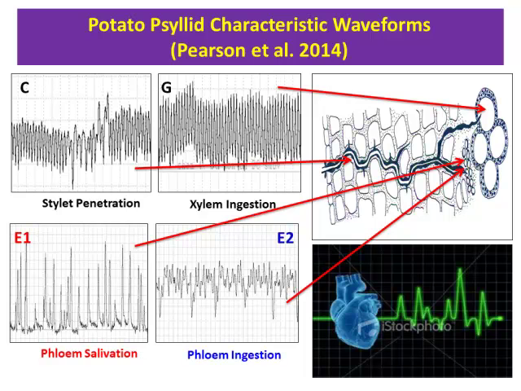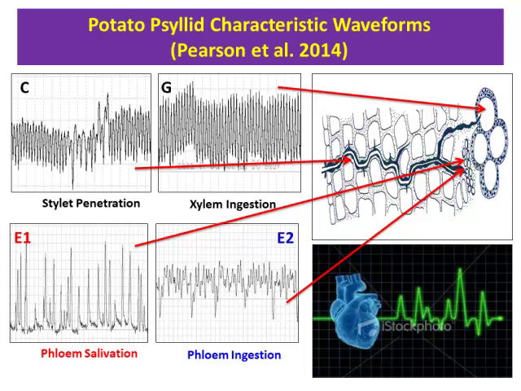When inoculation is happening, we see this type of waveform, whereas acquisition is when they are ingesting the phloem from the plant, and you see this waveform. Typically there are four characteristic ones, though Pearson described many more: stylet penetration, xylem ingestion, and then the phloem salivation and ingestion.